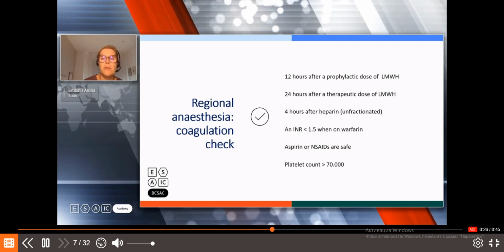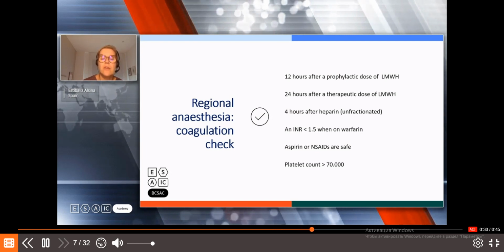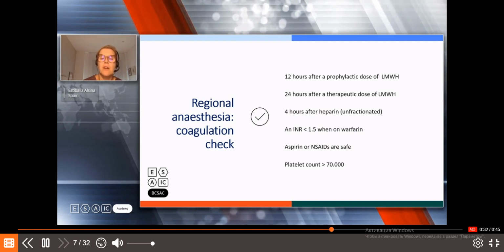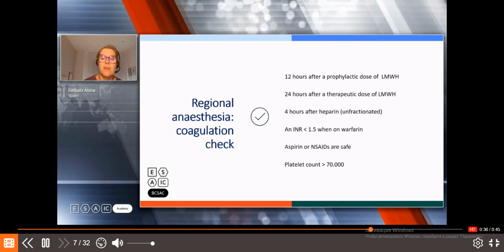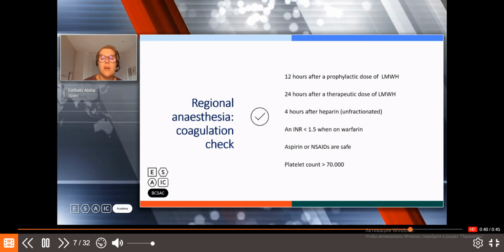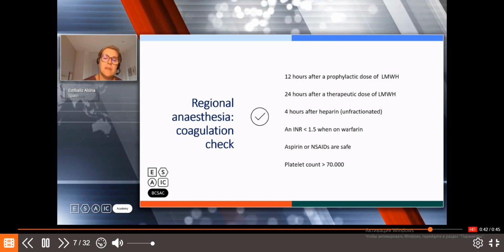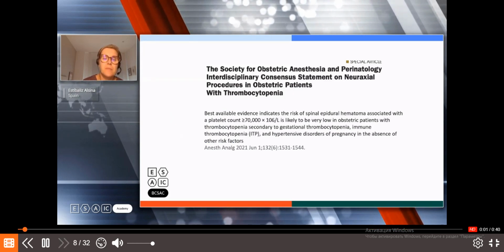We can do the technique if they are using aspirin or other non-steroidal anti-inflammatories, but the platelet count has to be over 70,000 platelets.